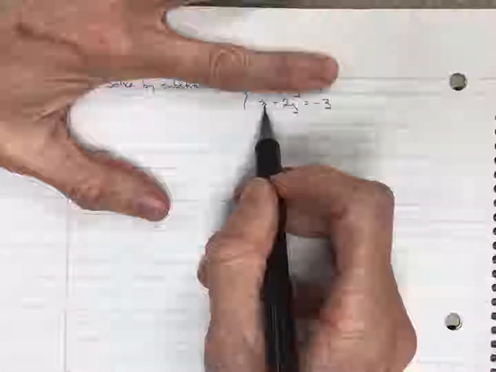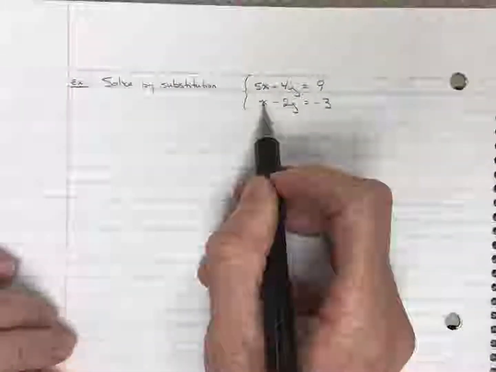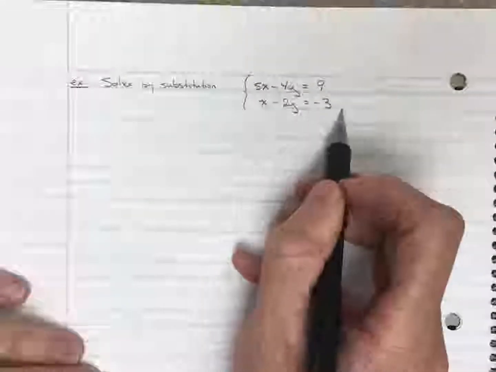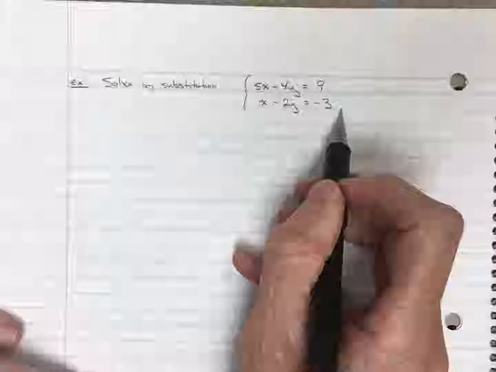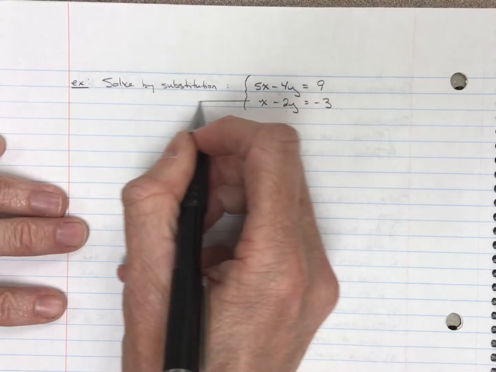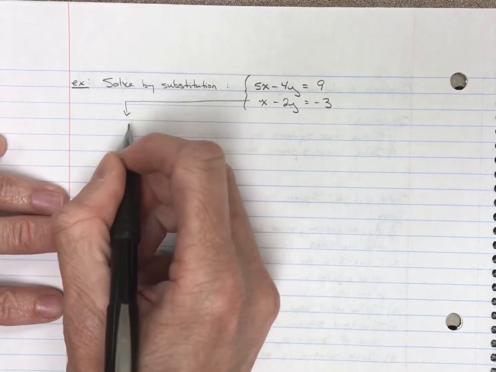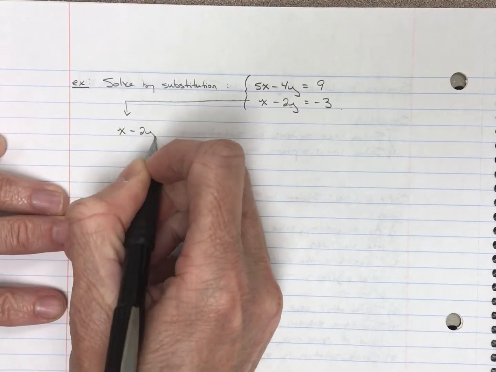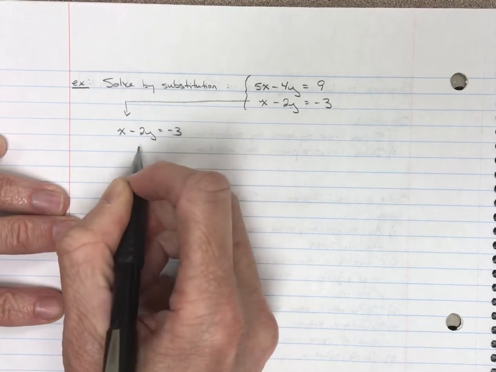But if I solve for x, that just means I add 2y to both sides, and I don't have fractions. So my recommendation would be to take this one and solve it for x. So x minus 2y equals negative 3.